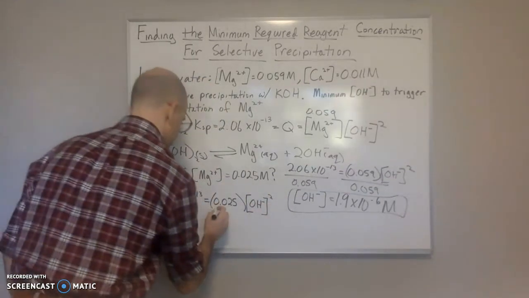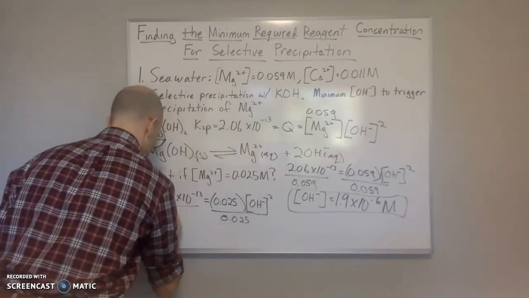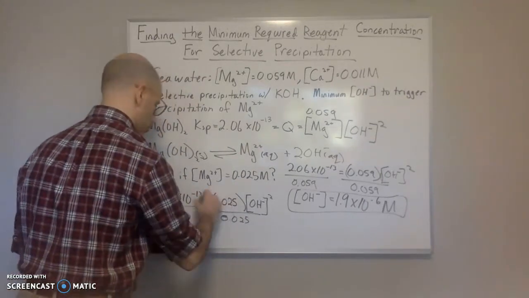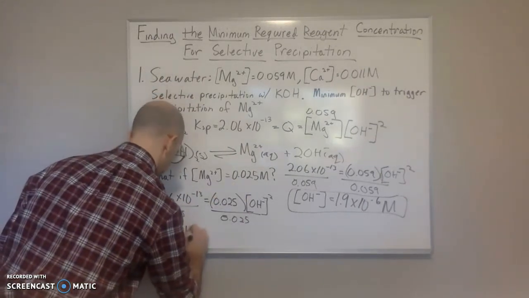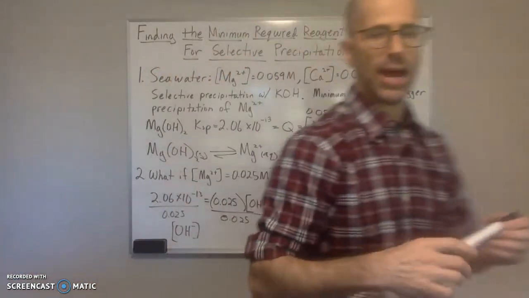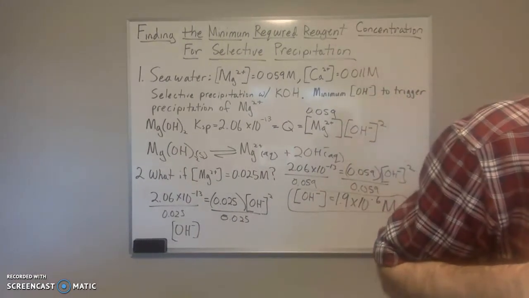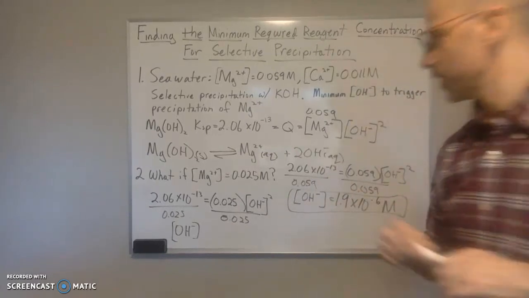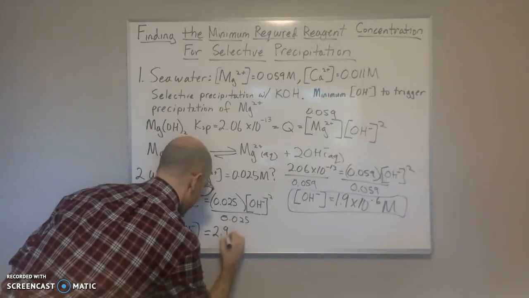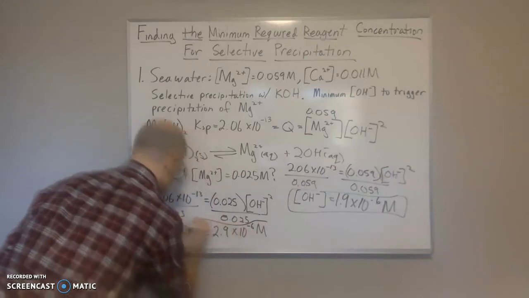And then again, you would divide both sides by 0.025, and then square root each side. And then your minimum OH concentration would have to be 2.9 times 10 to the negative 6 molar.